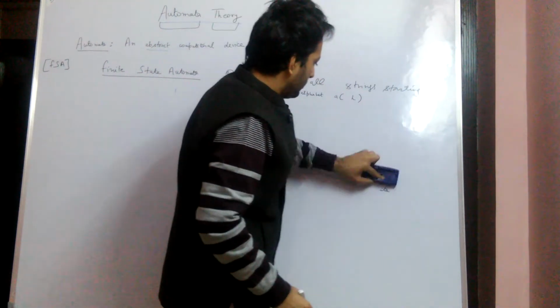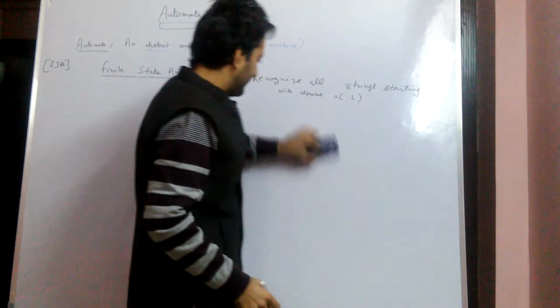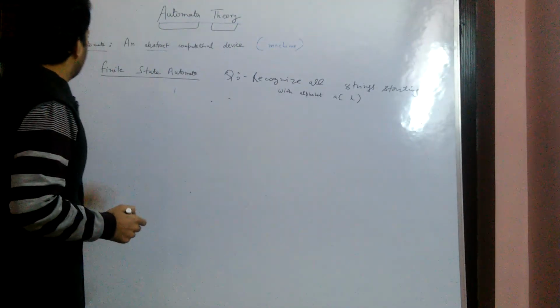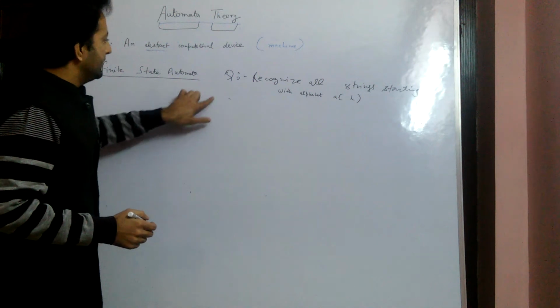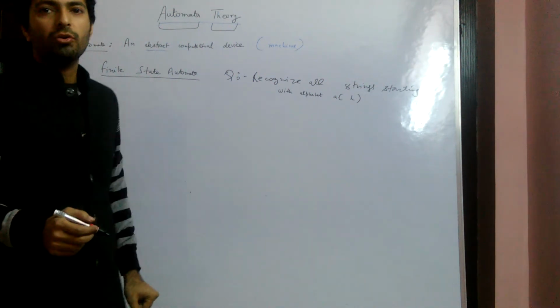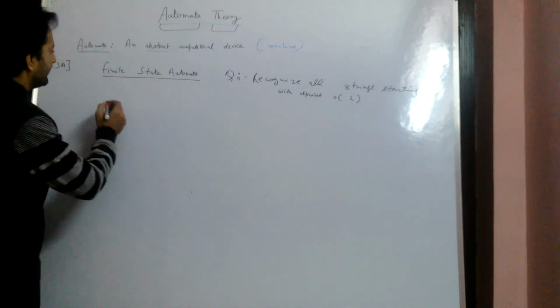For this particular question, we have to design a machine now. This machine could have states, and for this reason the name of the automata is a finite state automata. We have states, there is a state diagram.